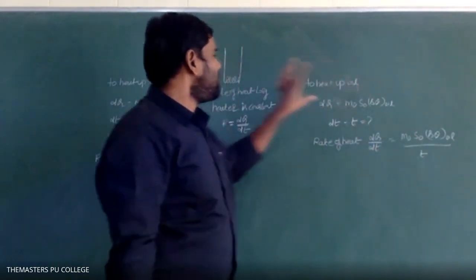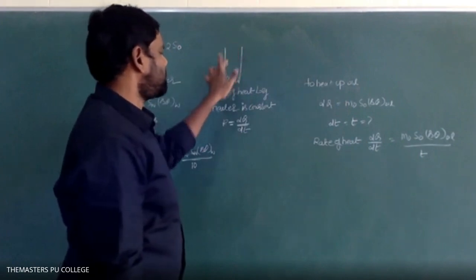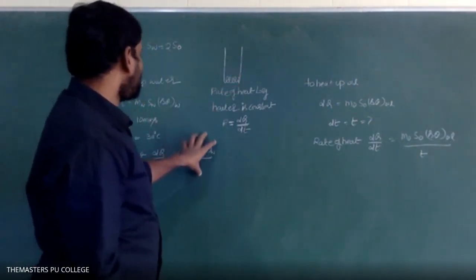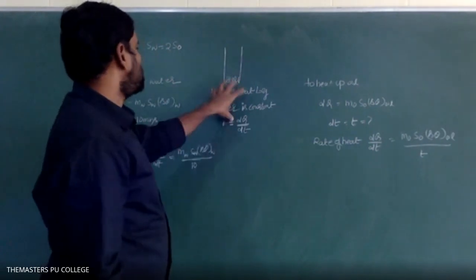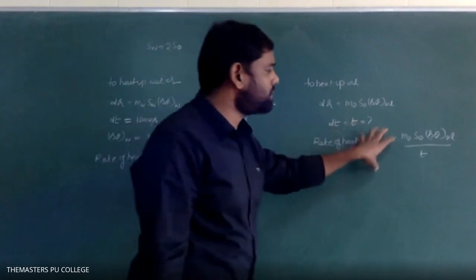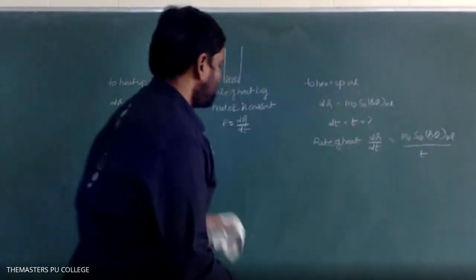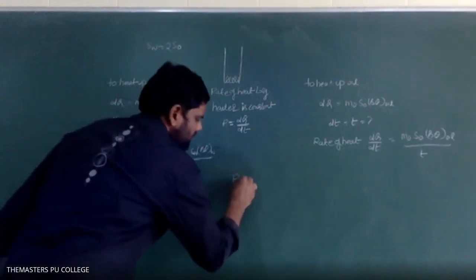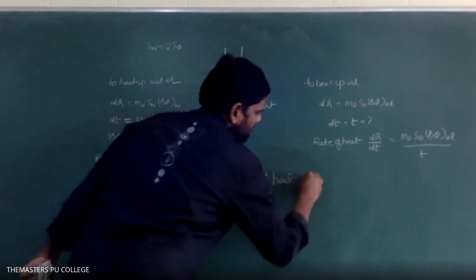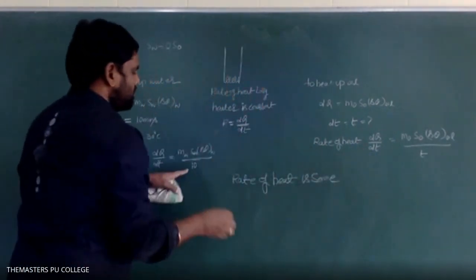As the oil and the water are both heated by the same heater, which supplies heat at a constant rate, the rate of heat supplied while heating water is the same as the rate of heat supplied while heating oil. So I can equate the rates of heat.